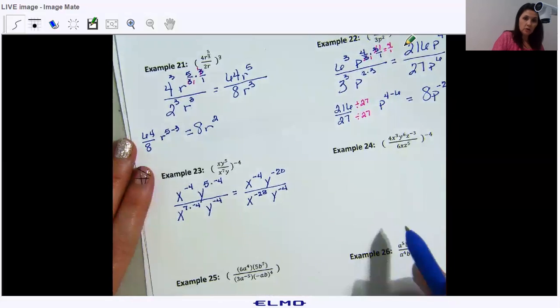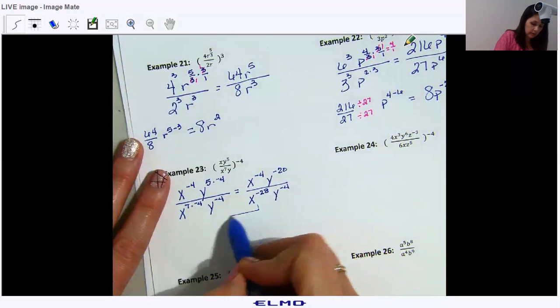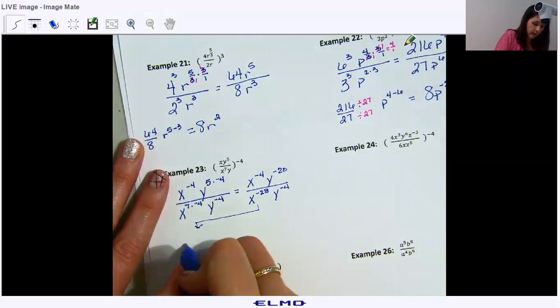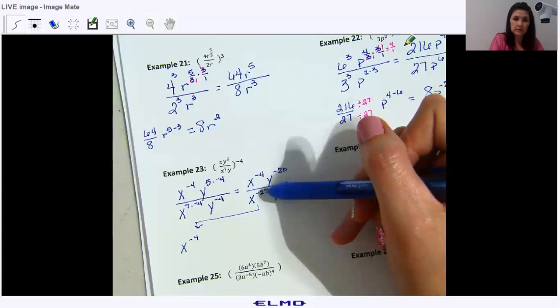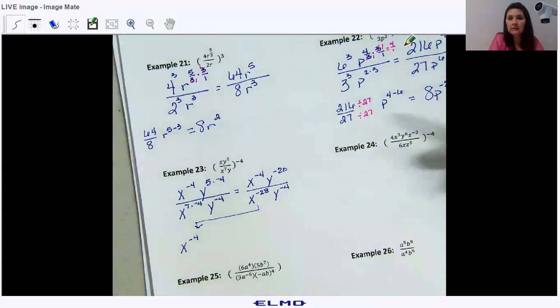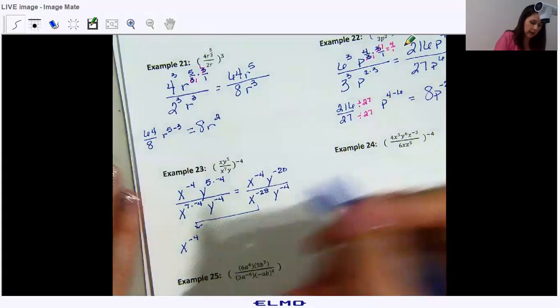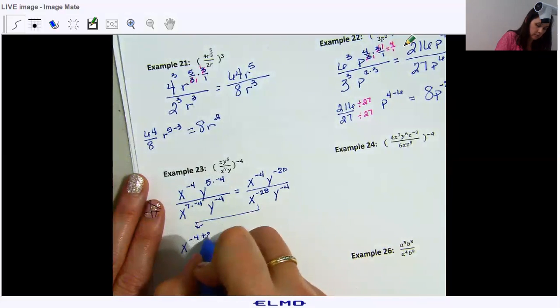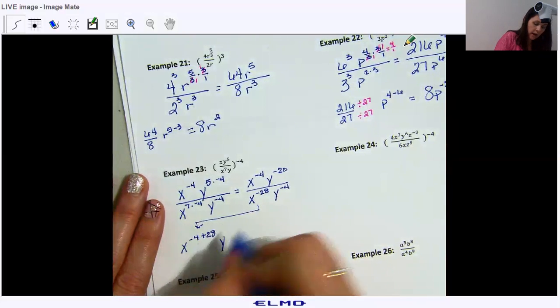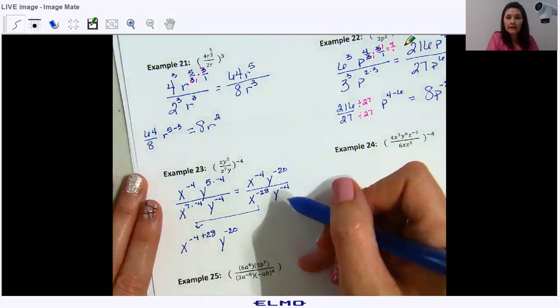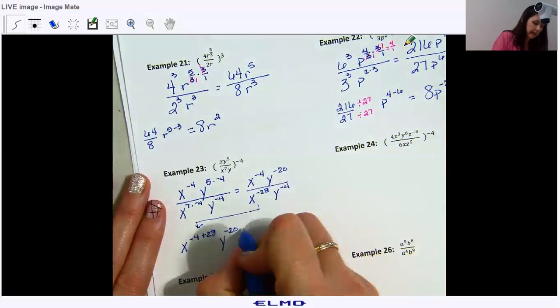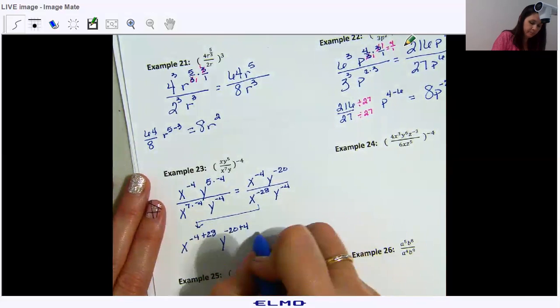Okay. So when I do this, I have x to the -4th, and remember when we divide, we're subtracting those exponents. So if I subtract a -28, I'm actually adding 28. And then y to the power of -20 minus a -4 is the same as adding a 4.